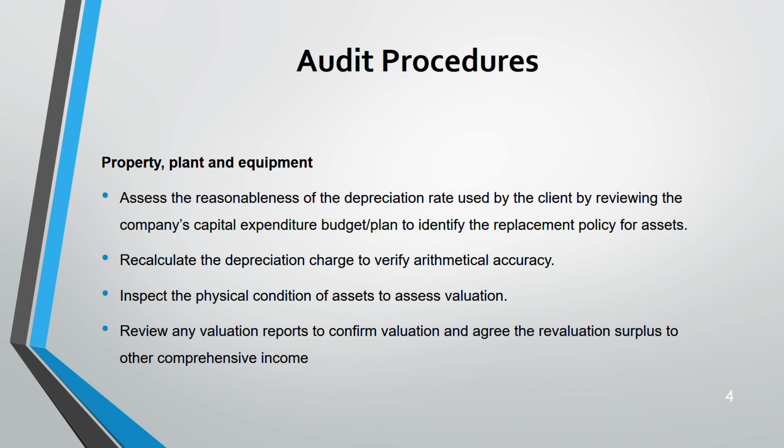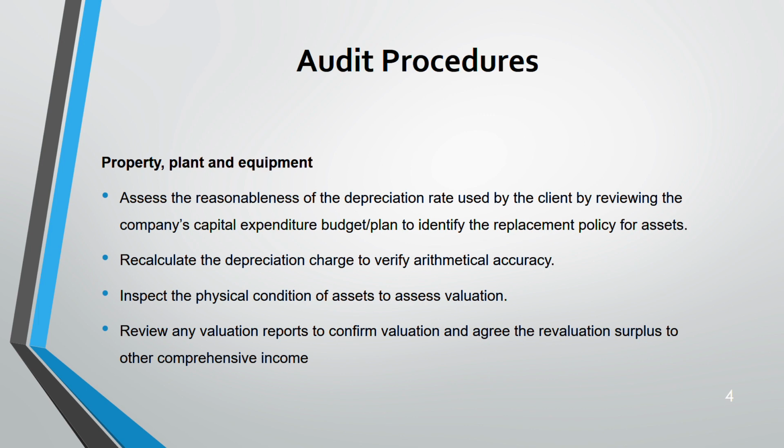Okay, so make yourself very familiar with these words: recalculate, review, inspect, observe, inquiry, analytical procedure. Then all the assertions you need to memorize. Source of evidence you need to know. If it's an asset, from which areas you can take, like register of assets, then physically you can verify, then valuation report, like this. This much is enough. You don't have to know in depth.